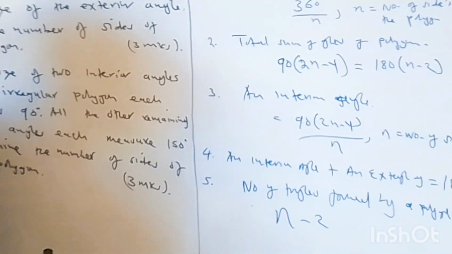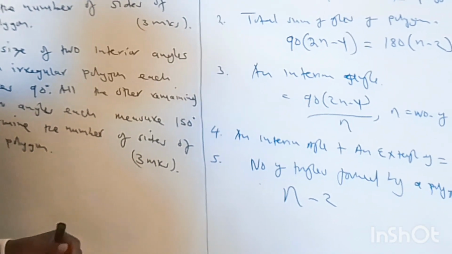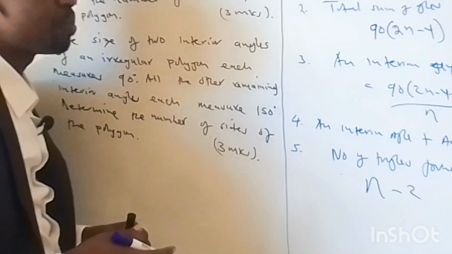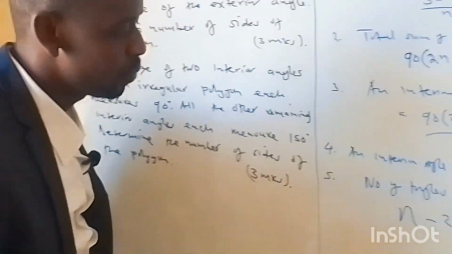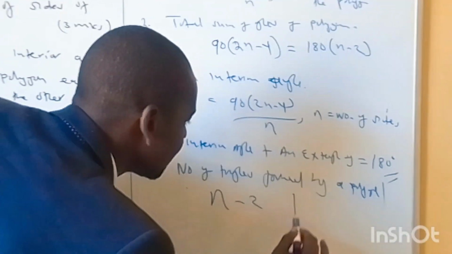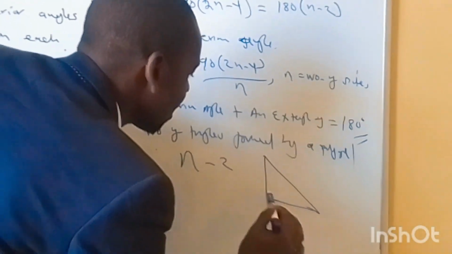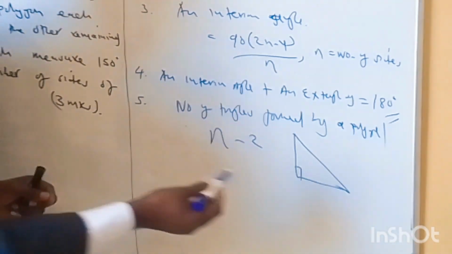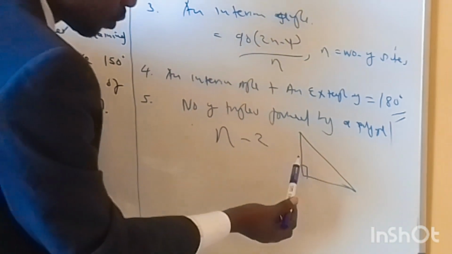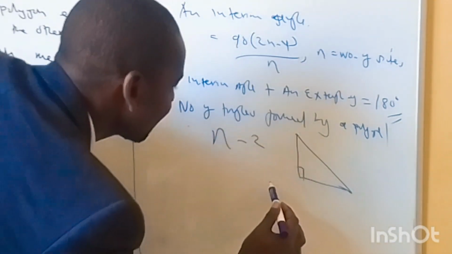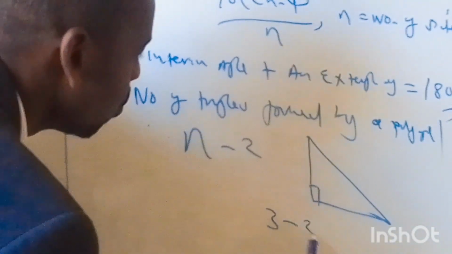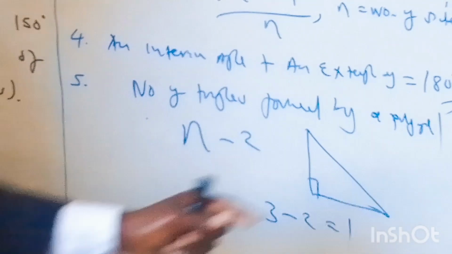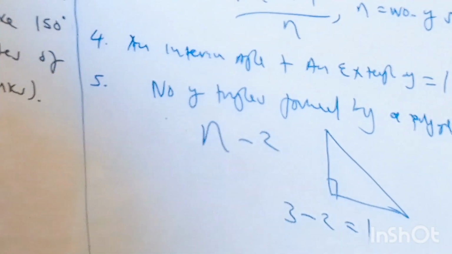When you take n minus 2, you get the number of triangles formed in that polygon. We can even test that. This is a triangle, and you can see it is only one triangle. How many sides does it have? 1, 2, 3. So when you take 3 minus 2, you get 1, and you can see it is 1 triangle. So these are the things you're supposed to know before you tackle any question on a polygon, you guys.